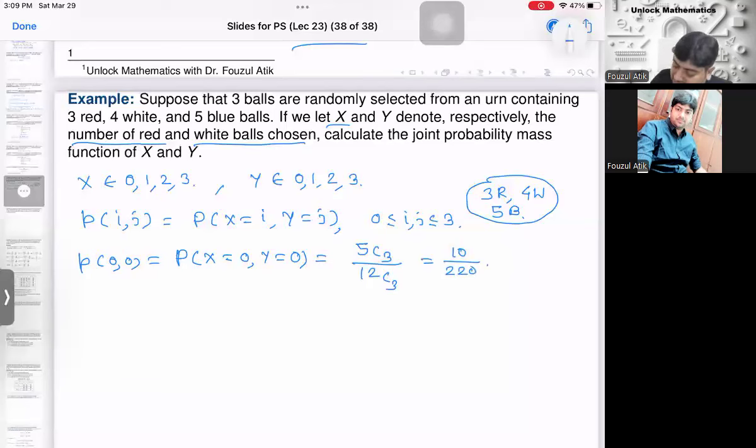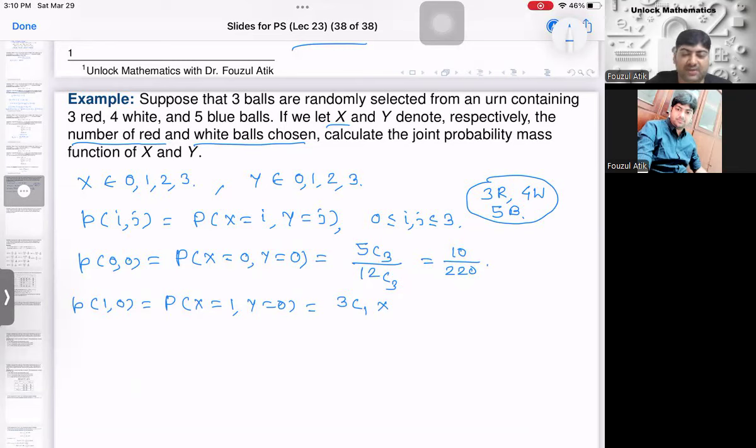Clear? Similarly, P of, suppose, 1 comma 0. What is this probability? It is P of X equal to 1 and Y equal to 0. Now X equal to 1 means you have chosen one red ball among these three balls, and 0 white balls. Therefore, the rest of the two balls are blue balls.